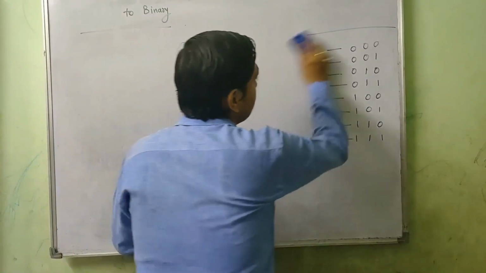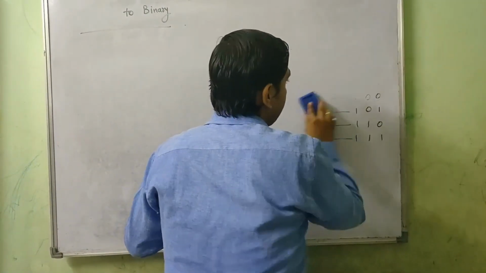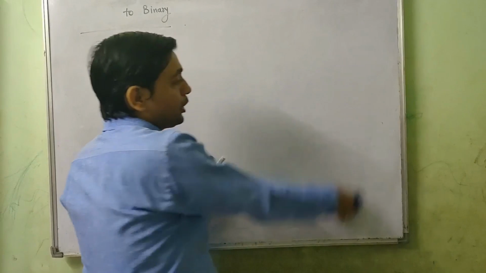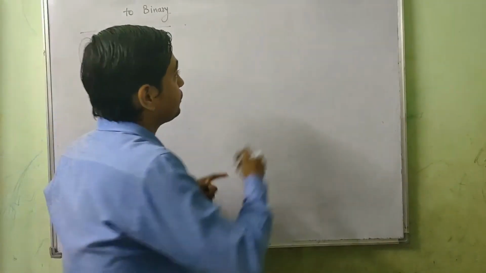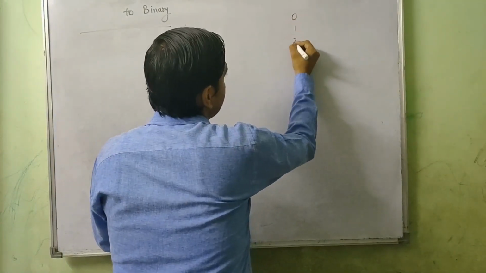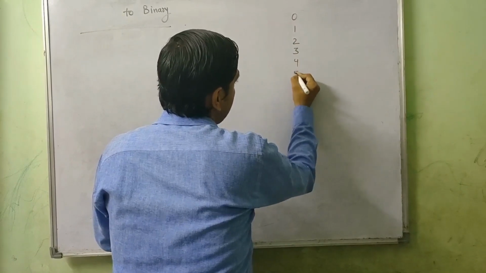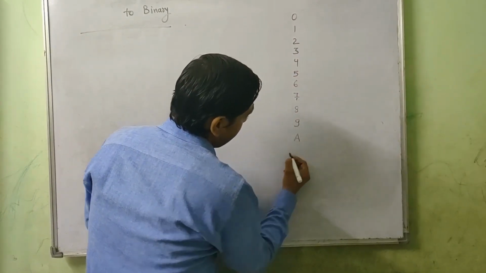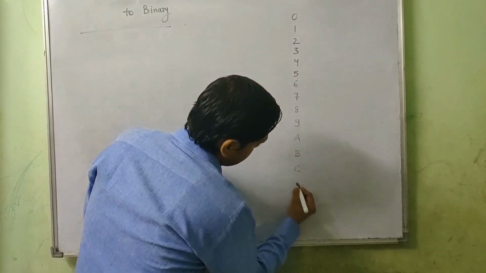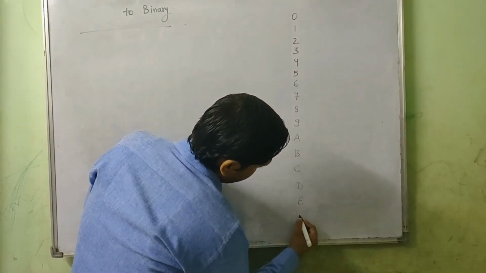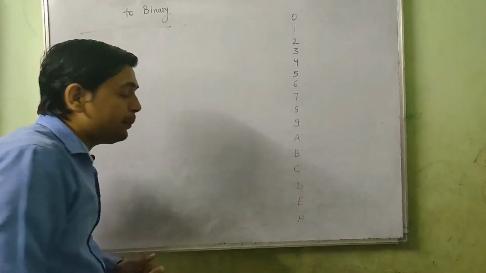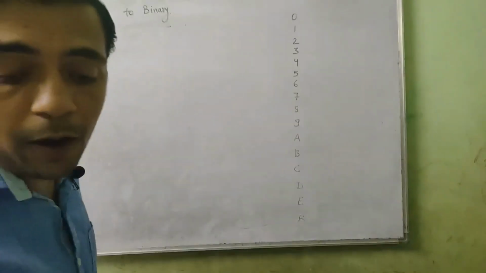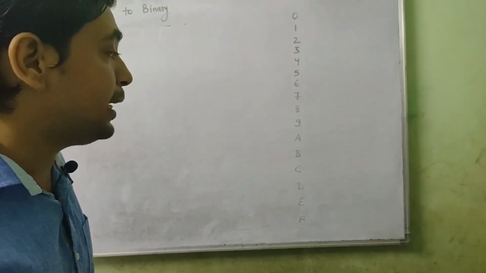Let's note them down with a shortcut technique so that you can remember it as well. The hexadecimal digits are 0, 1, 2, 3, 4, 5, 6, 7, 8, 9, A, B, C, D, E and F. Though we write A, B, C, D, E, F, whenever we operate on them, we treat them as 10, 11, 12 and so on.